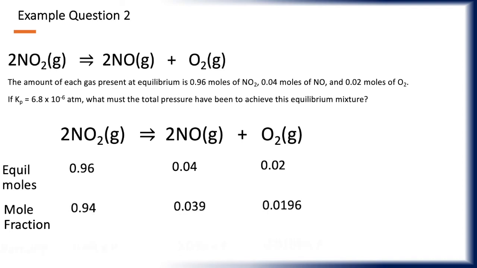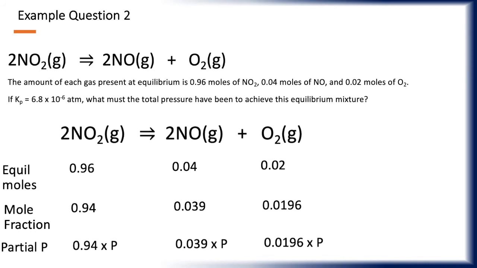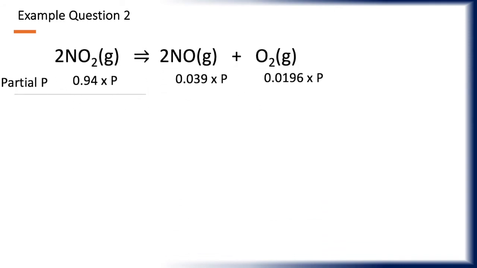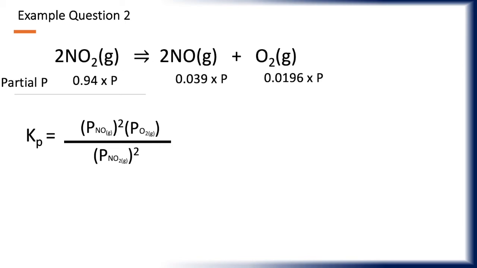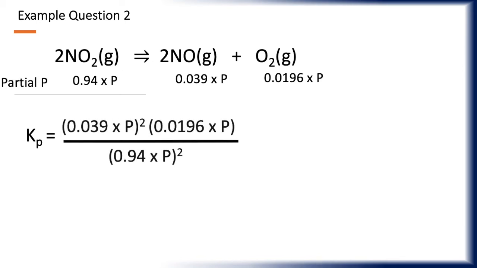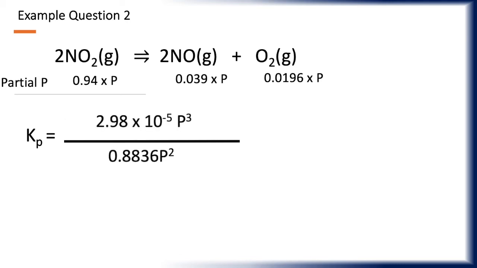And then we know that our partial pressure will be those mole fractions times the total pressure, which we'll call P. And we can then pop those into our Kp expression, which is that one. So let's pop in our partial pressures of each of those gases, and we can multiply out the brackets there.